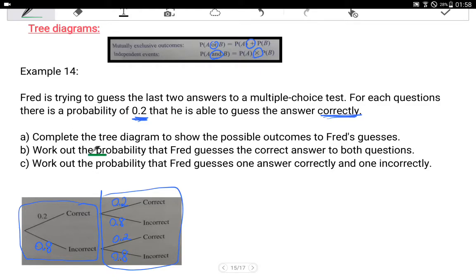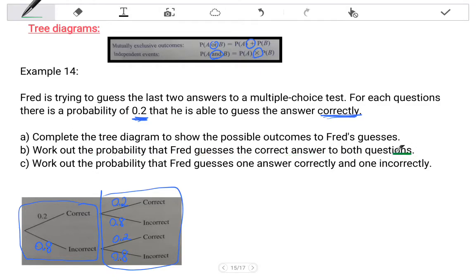Part B. Work out the probability that Fred guesses the correct answer to both questions. So we are looking for both answers correct. So probability of correct and correct. Let's use the tree diagram. For the first question, follow the path. For the first question, I reach correct.